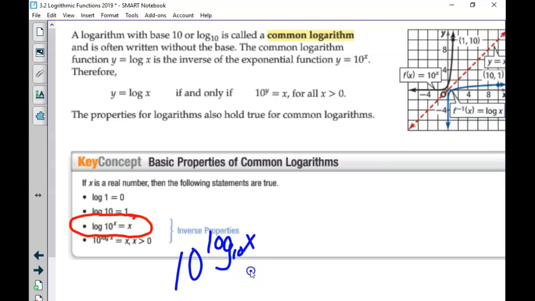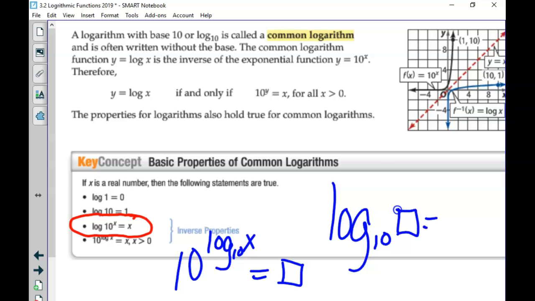If I say this equals something, log, and the base was 10, of something equals log, the exponent, which was log base 10 of x. Now, does it make sense that it simplifies down to x when you do that? Okay, so that's how I always think about those: if I just rewrite them, I'll be okay.